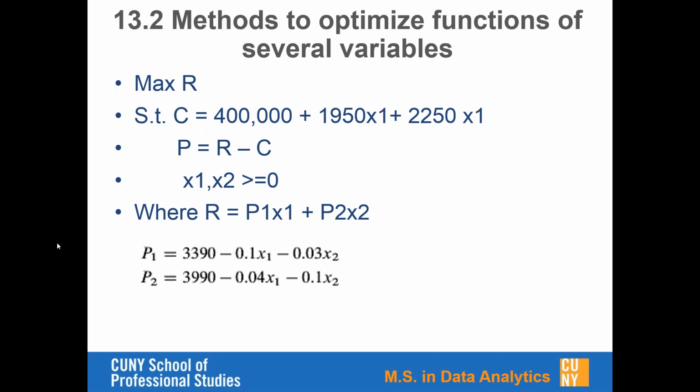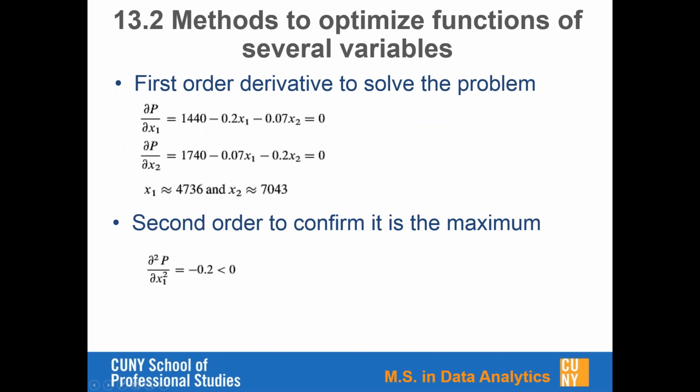Okay, and then as I mentioned just now, if we use the first order derivative to solve the problem, what we can do is take the partial derivative with respect to x1 and set it to 0, and then take the partial derivative with respect to x2 and set it to 0, and then we can solve for x1 and x2.